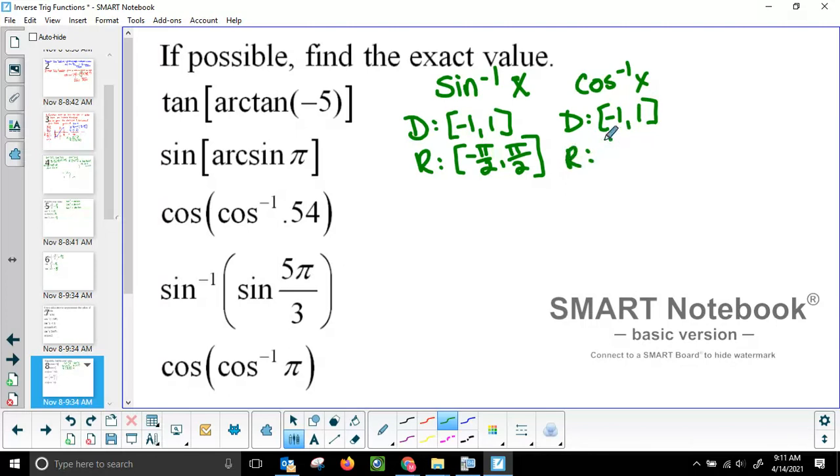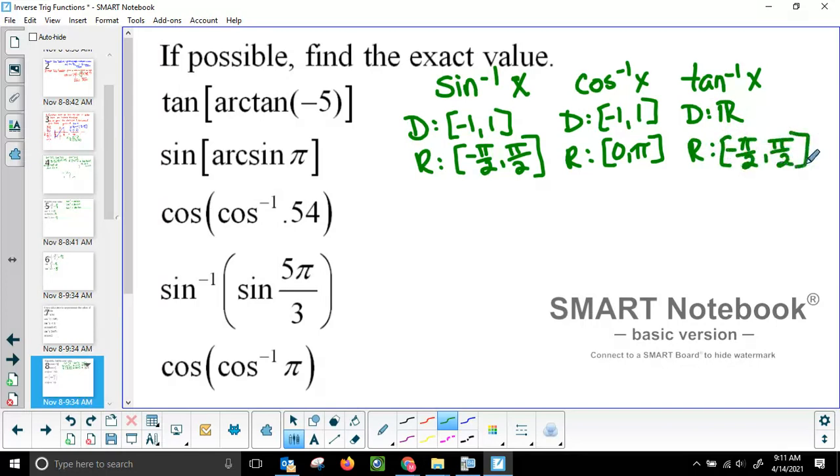But its range was between 0 and pi, which in degrees is 0 to 180. I showed you that little piece of the graph of tangent, and said, okay, well, because of how its graph works, its domain is actually all real numbers. Its range, just like sine, is -π/2 to π/2.